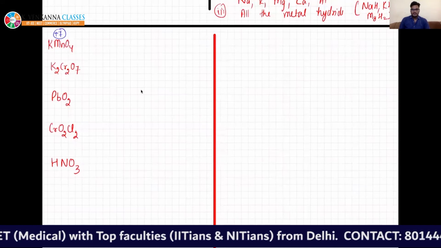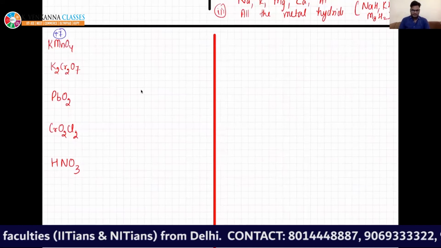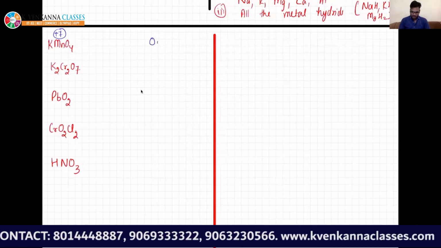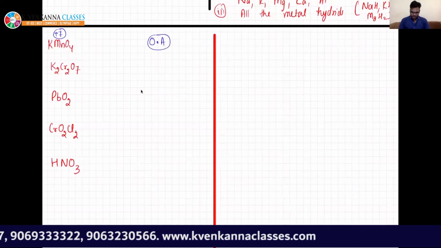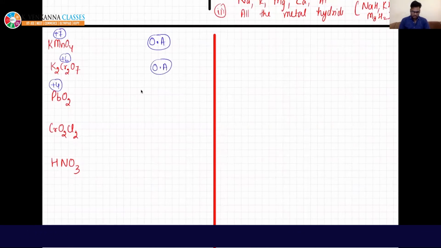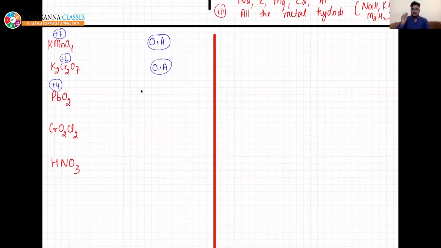Right. So Mn is in its maximum oxidation state, that is +7, so it will behave as an oxidizing agent. K2Cr2O7, with chromium in +6, will also behave as an oxidizing agent. PbO2 is +4, it belongs to the carbon family, and this is the maximum oxidation number that can be shown by the carbon family, so it will also behave as an oxidizing agent.